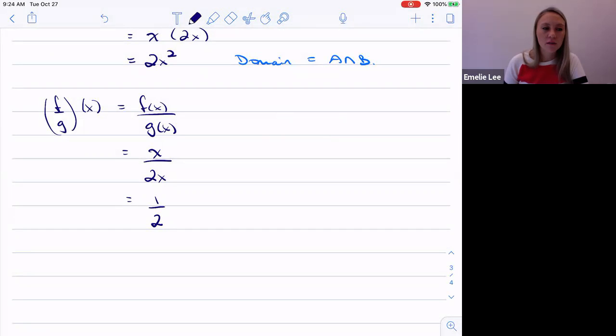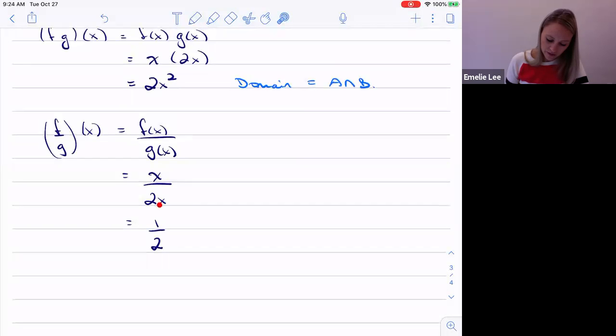And so the domain here, because we've got this x, even though you end up at 1/2, you want to exclude x equals 0, because you wouldn't actually get to the 1/2 if g of x was equal to 0.